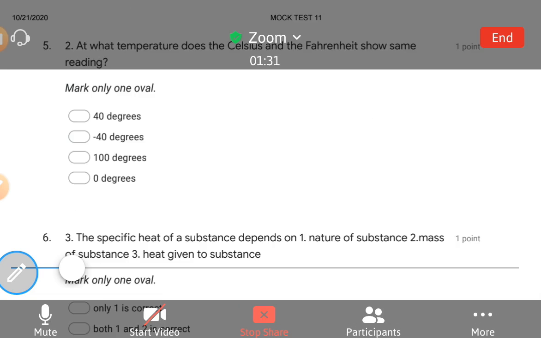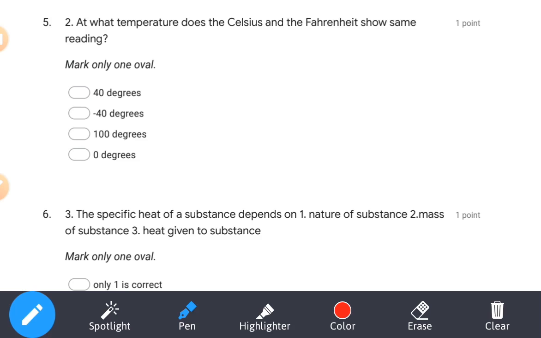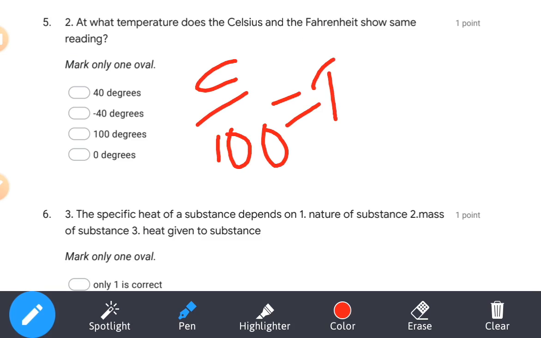Second question, at what temperature do the Celsius and the Fahrenheit show the same reading? Can you say it? What is the relation between Celsius and Fahrenheit? C by 100 is equal to F minus 32 by 180.